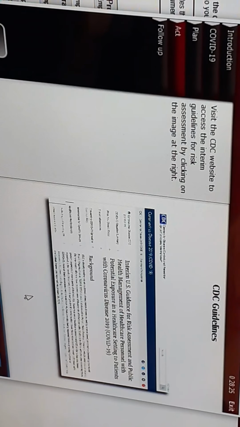Visit the CDC website to access the interim guidelines for risk assessment by clicking on the image at the right.